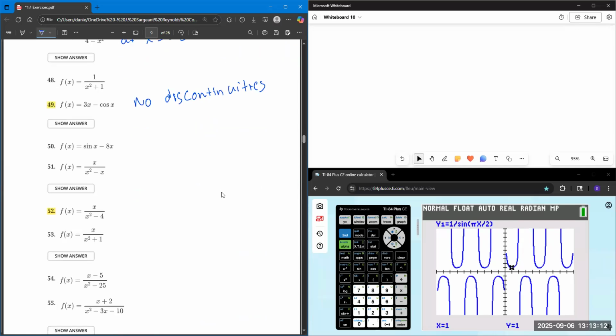There are non-removable discontinuities at x equal to negative 2 and x equal to 2. Again, these are vertical asymptotes.